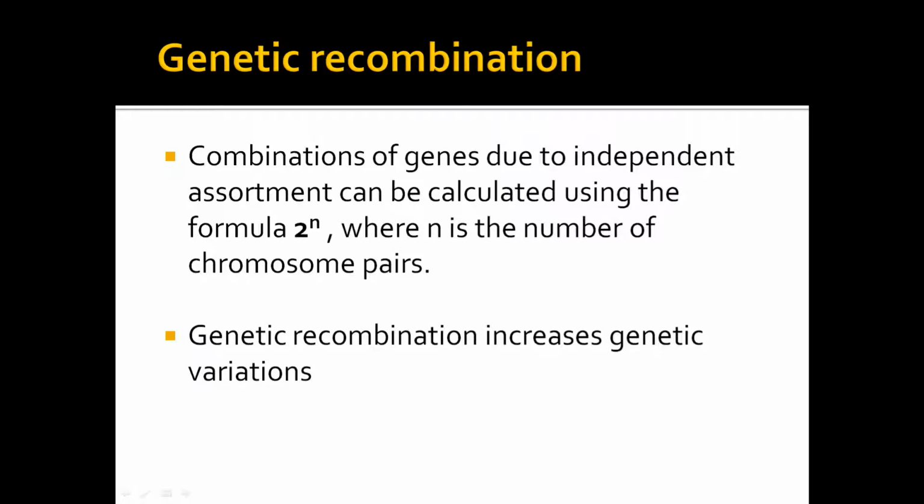Or, as we mentioned, for example, pea plants have fewer chromosomes, 7. There are some animals and plants that have more chromosomes, but it's the same formula. Very important for you to remember is that genetic recombination increases genetic variation.